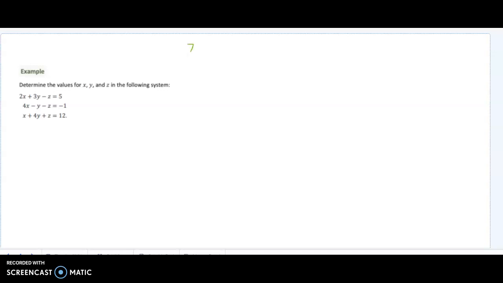Let's go with 2x plus 3y minus z equals 5 minus 4x plus y plus z equals plus 1. Because I'm subtracting, I changed all those signs. The reason we did that is to get rid of the z. Okay? Get rid of that z.